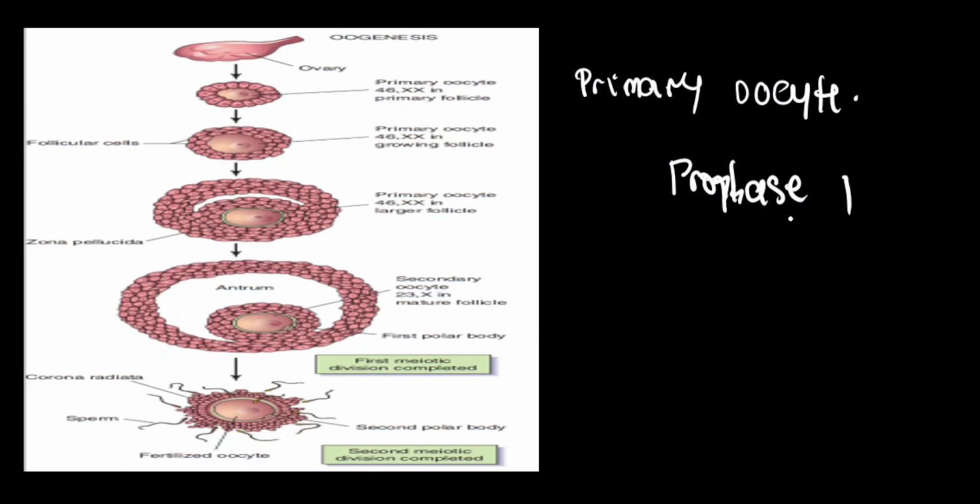So from prophase 1, it goes to metaphase 1, anaphase, telophase, and then it divides into the secondary oocyte and the first polar body.